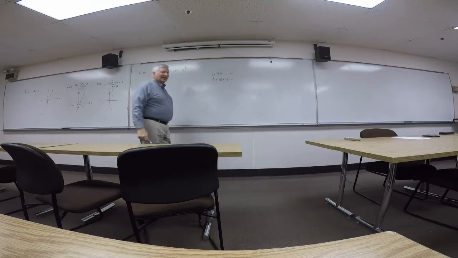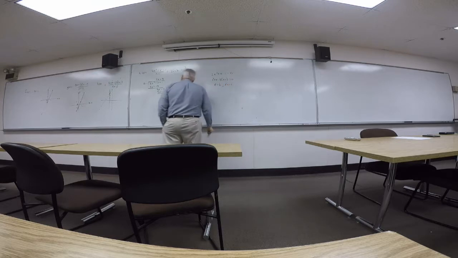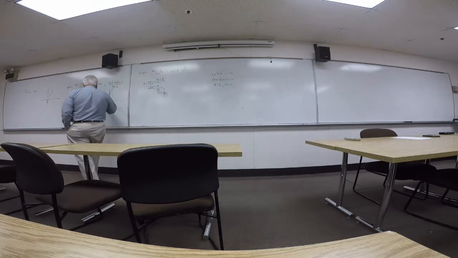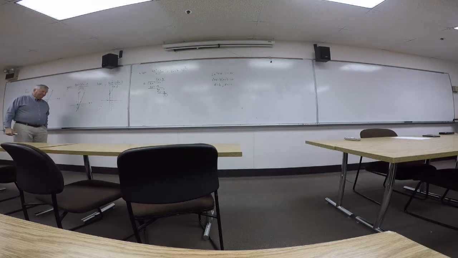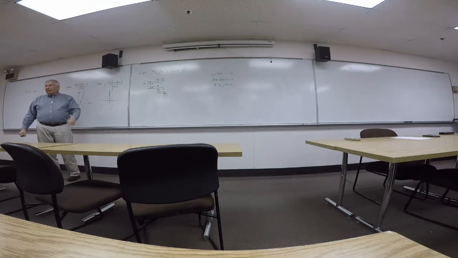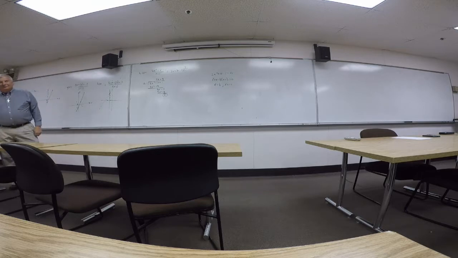Well, this says it has a zero of the function at x equals 1/2 and at x equals -1. So at -1 and at 1/2, it has zeros. We have a vertical asymptote it cannot cross, and we have an oblique or slant asymptote that it does not cross.